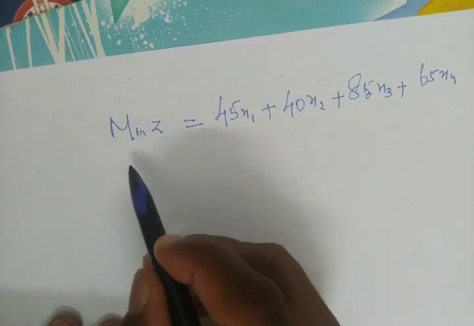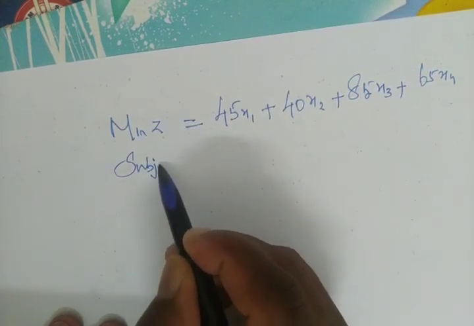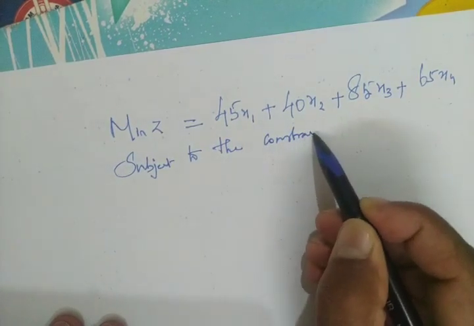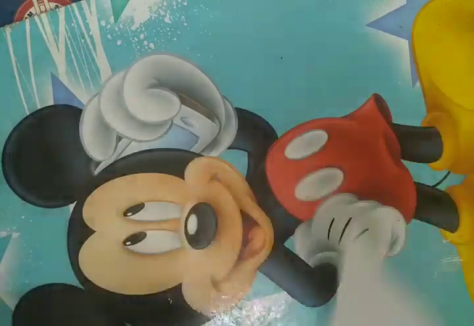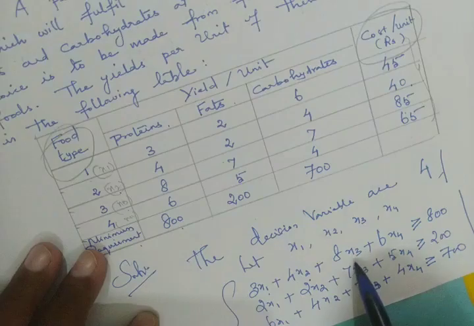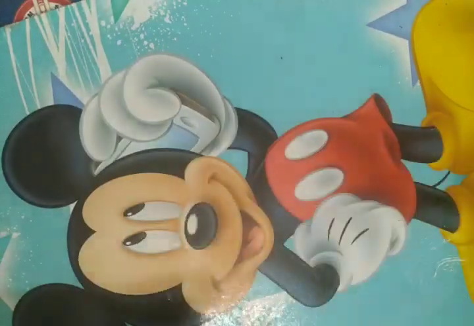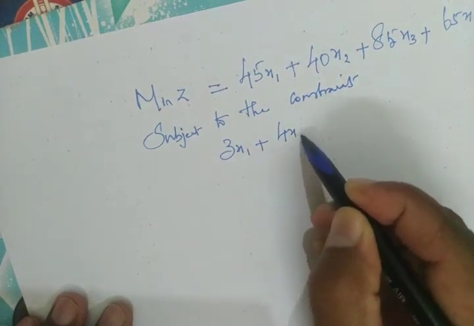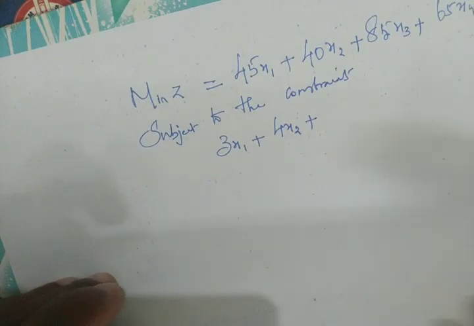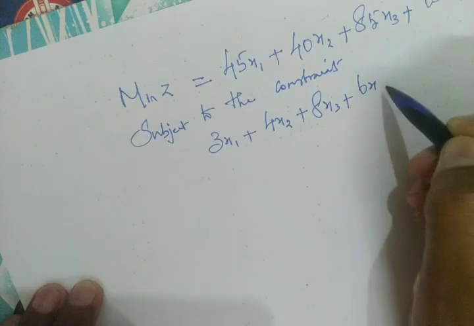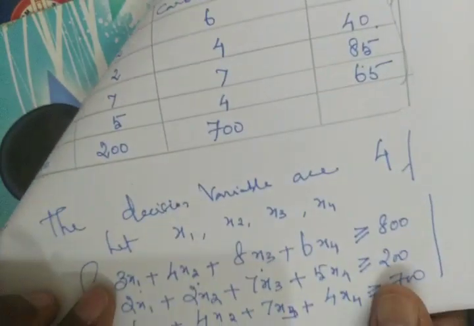Now we are writing the constraints, subject to the constraints. So constraints we formed here: 3x1 plus 4x2 plus 8x3 plus 6x4 greater than or equal to 800.